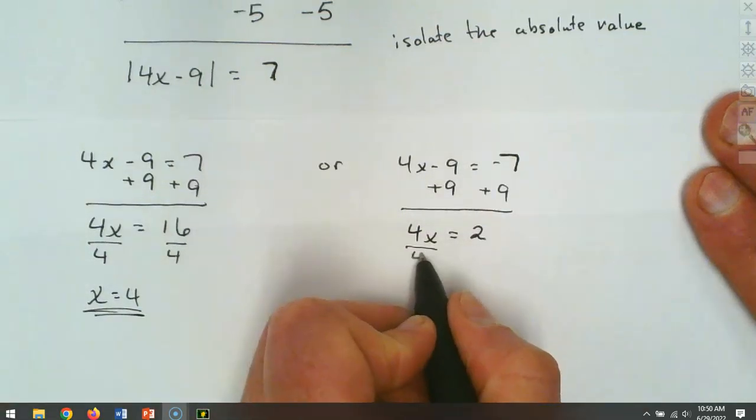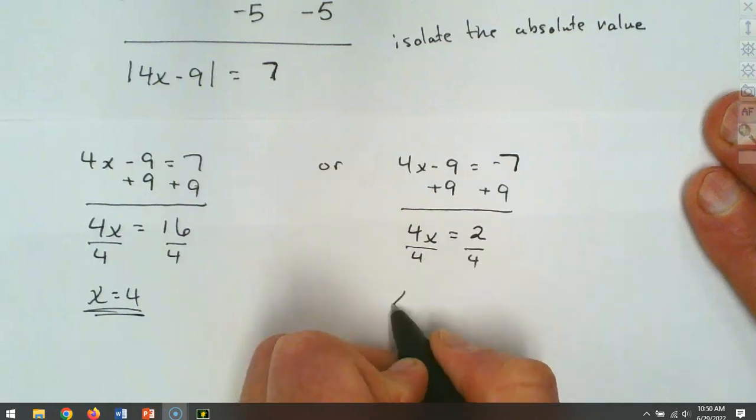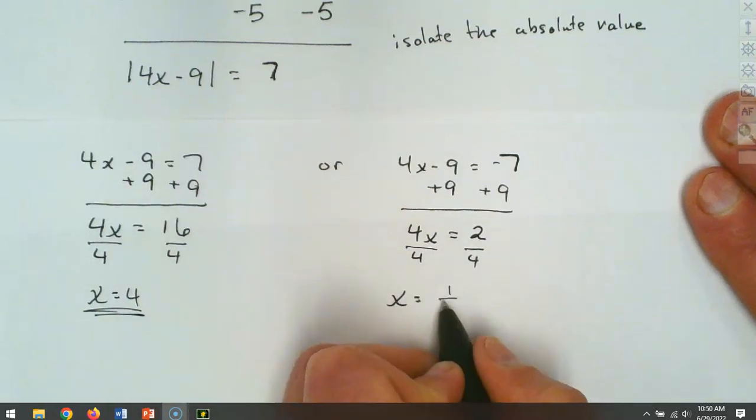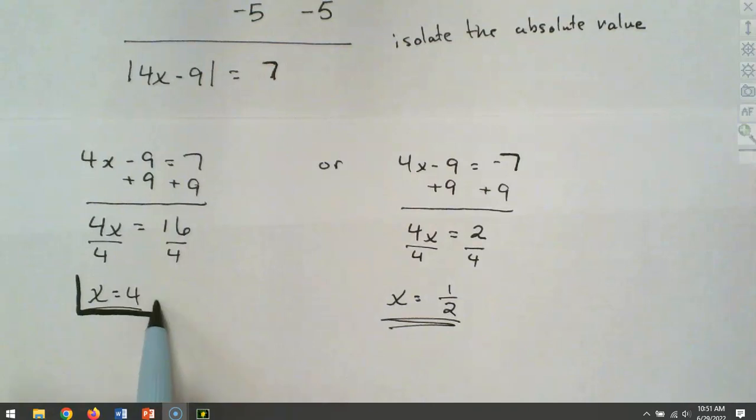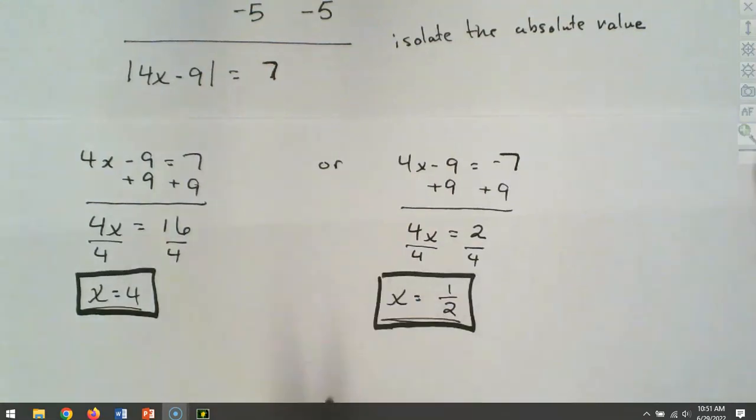We divide by our 4, and now we've got our other solution, which is 1/2. So the two numbers that are going to make this work are positive 4 and positive 1/2.